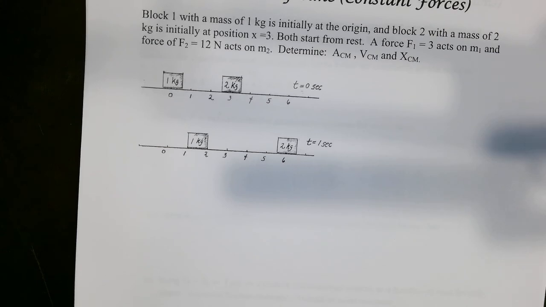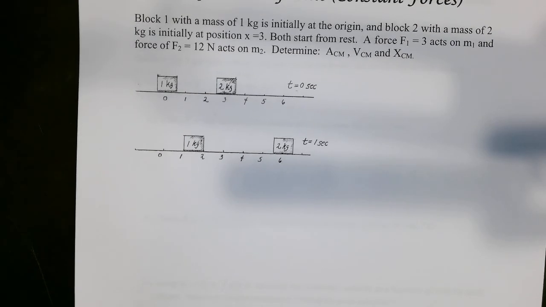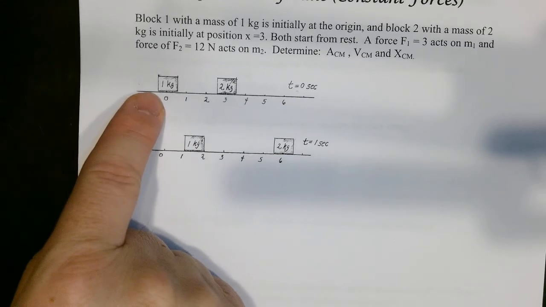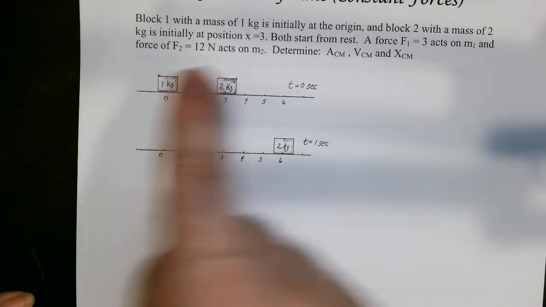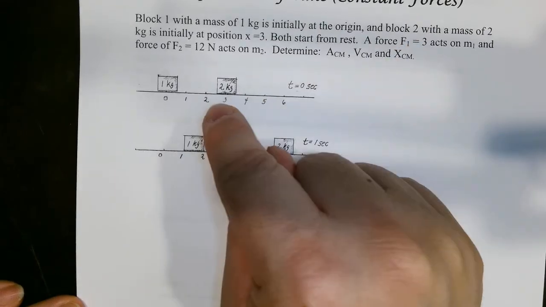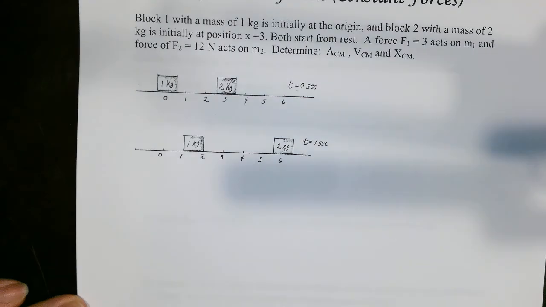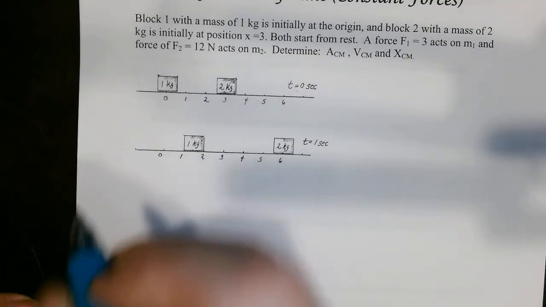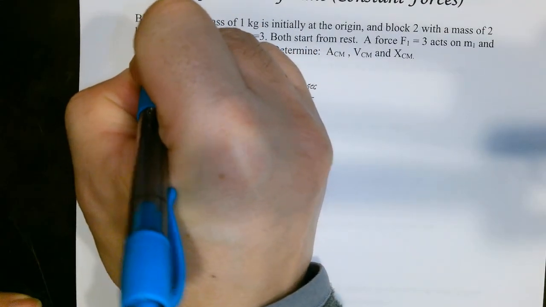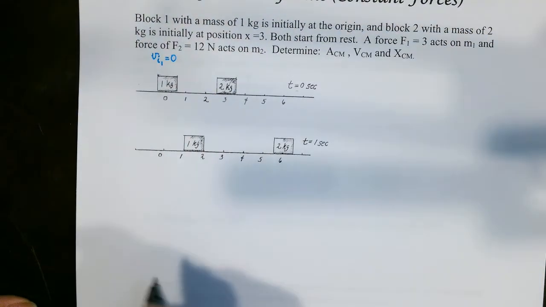All right, so here we go. Block 1 with mass of 1 kilogram is initially at the origin, and block 2 with mass of 2 kilograms is initially at 3 meters, right? Now, both start from rest. So we could say the initial velocity VI1 is 0, right?